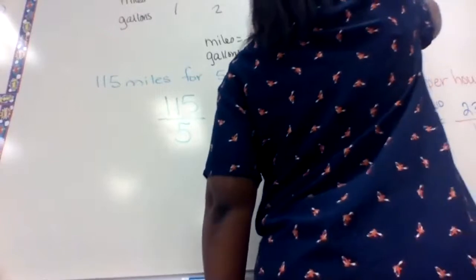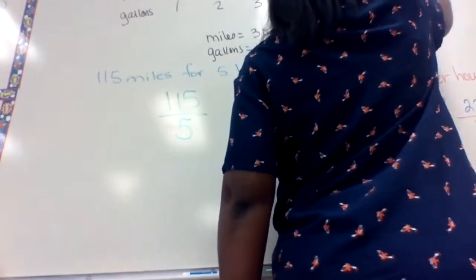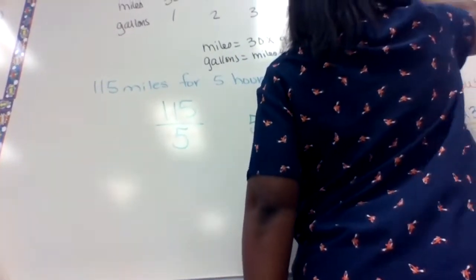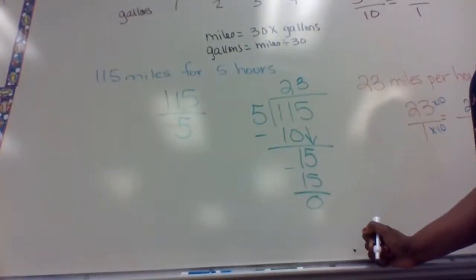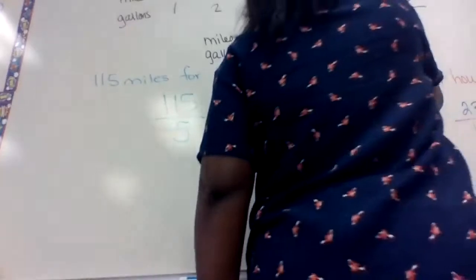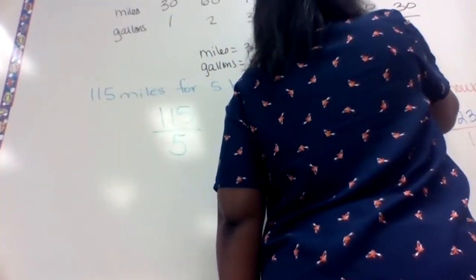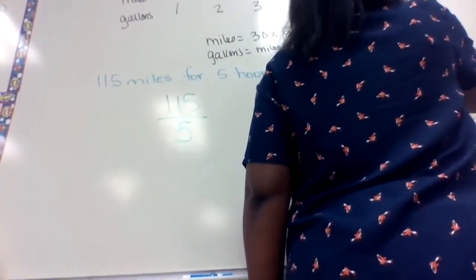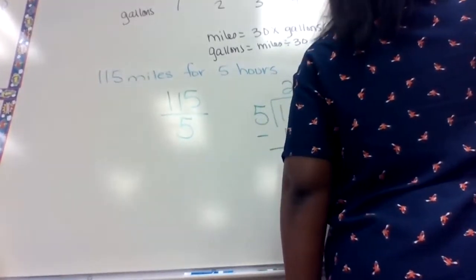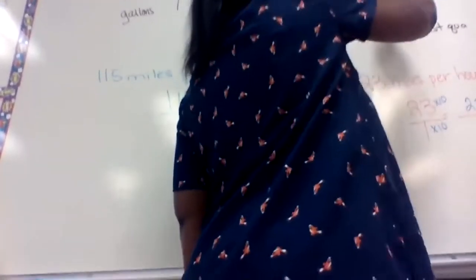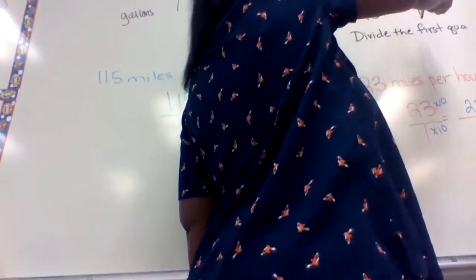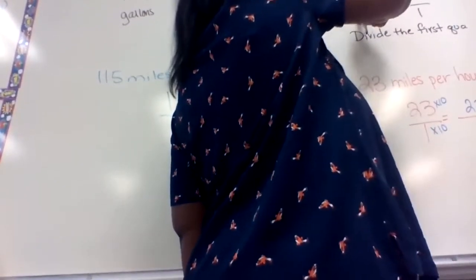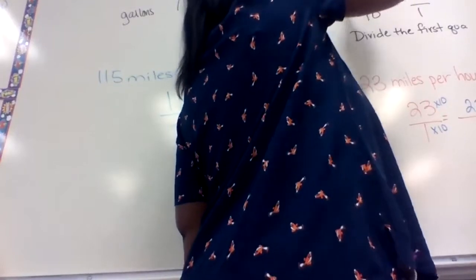All right, this is our ratio, and this is our rate. Now, the question says, how do you find the related rate for a ratio? You divide the first quantity by the second quantity. What did I divide these by to get this? I divided by the second. So you always divide the first by the second.